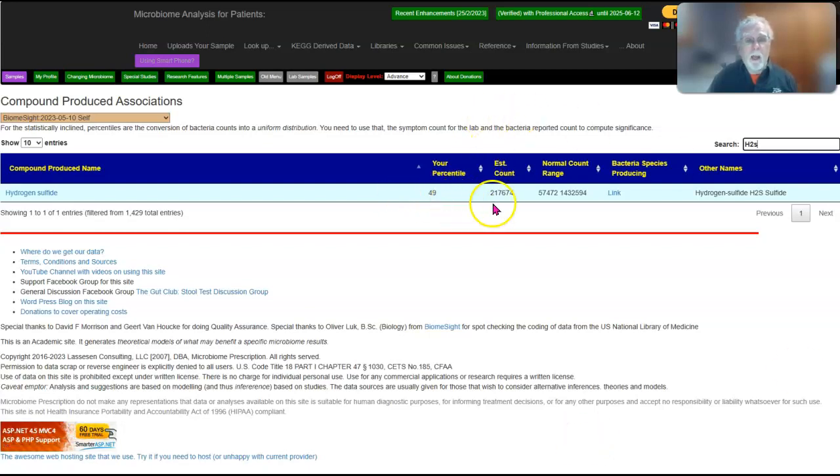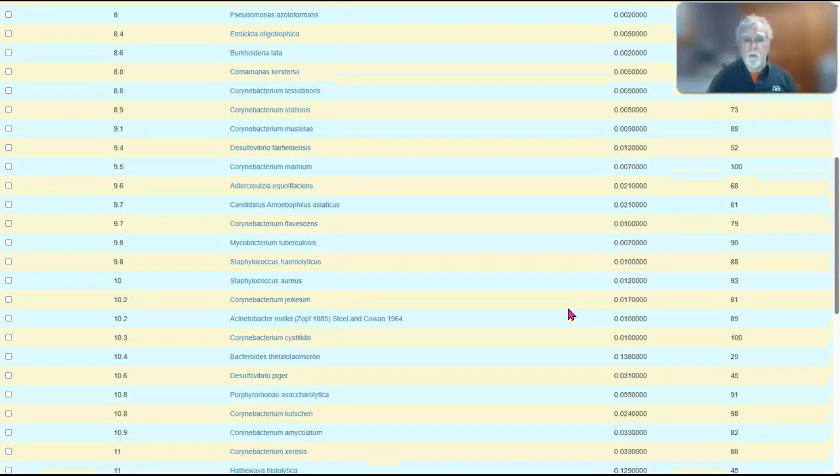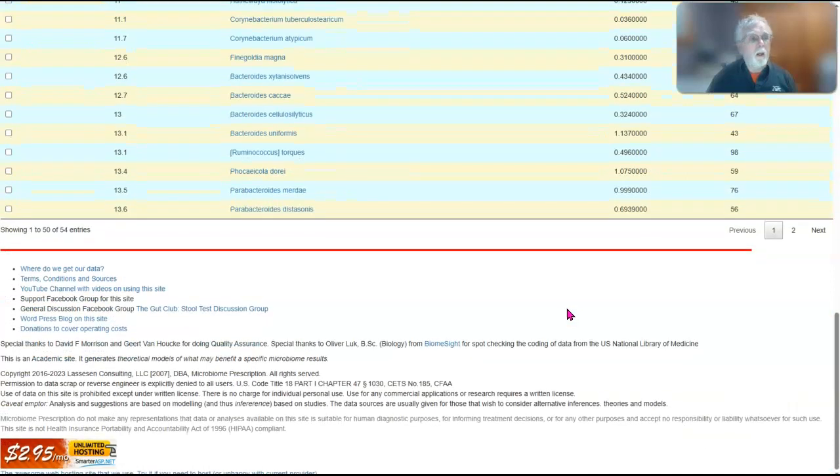We have their estimated count, 2164. So you can see it is 4 times the bottom range, but not the upper range. So it's well in there. And we click here, and voila, we see all the bacteria he has which produce hydrogen sulfide. How many are there?